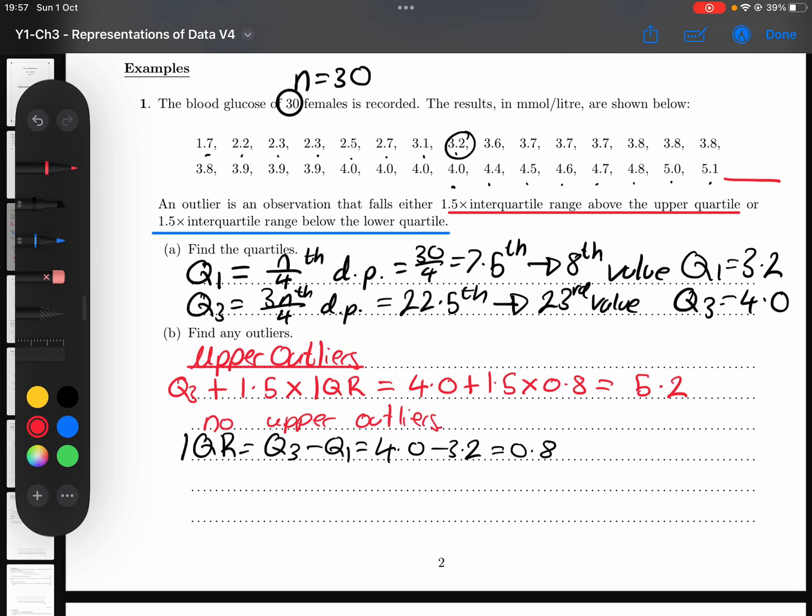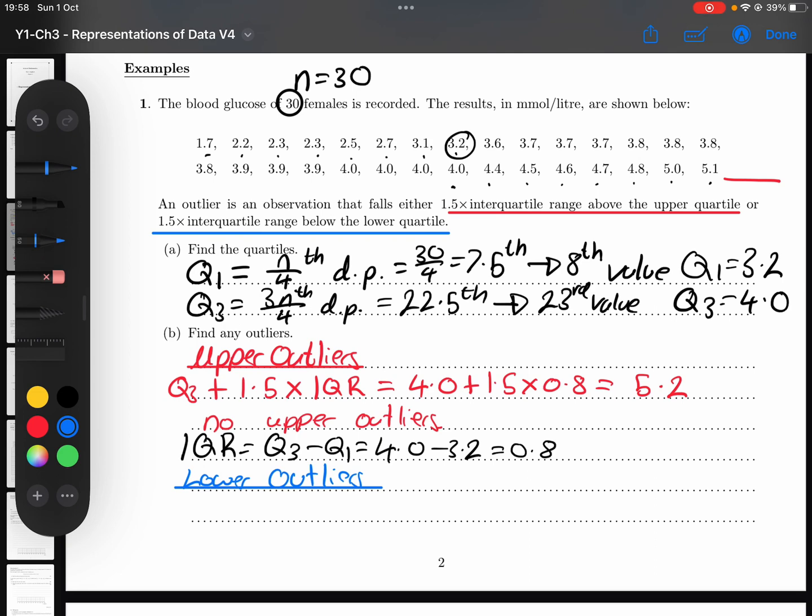And now we need to find out, are there any lower outliers? Well, it's a very similar formula to find out if there are any lower outliers. We are looking 1.5 interquartile ranges below the lower quartile.